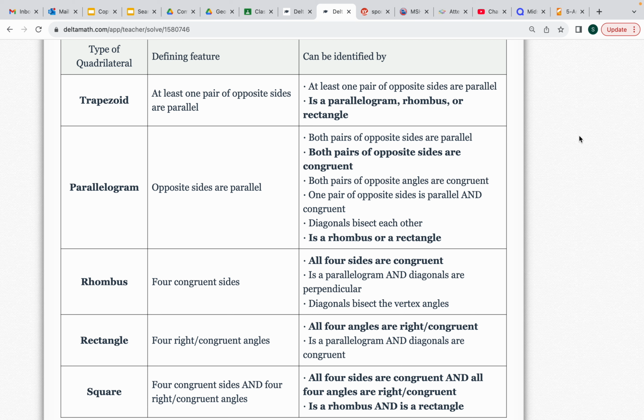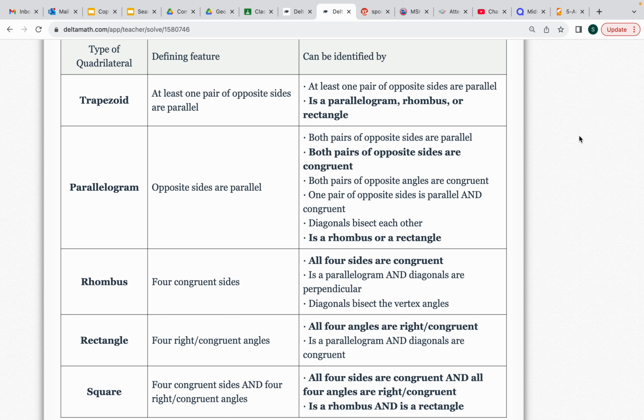That's what I recommend. Can you highlight the ones that are right? Some of them you already know, like at least one pair of opposite sides are parallel for trapezoids. And if it's a parallelogram, rhombus, or rectangle, it's a trapezoid.